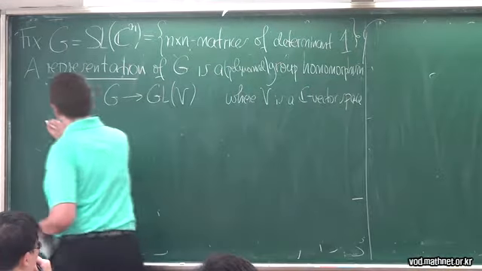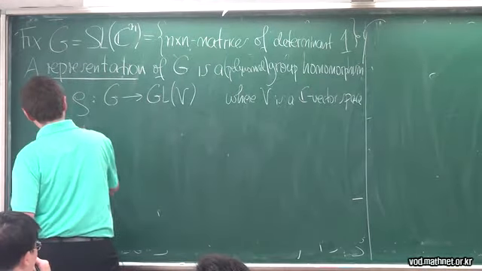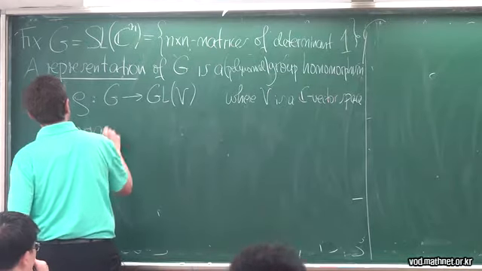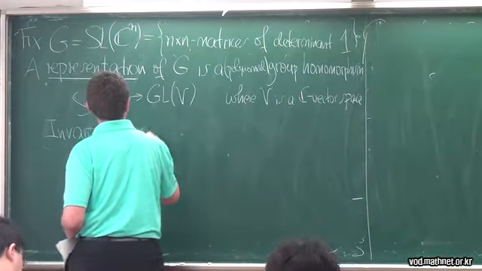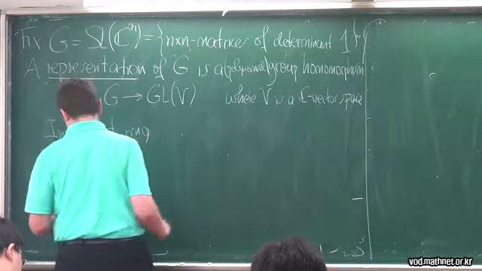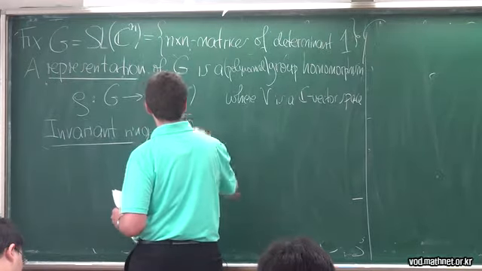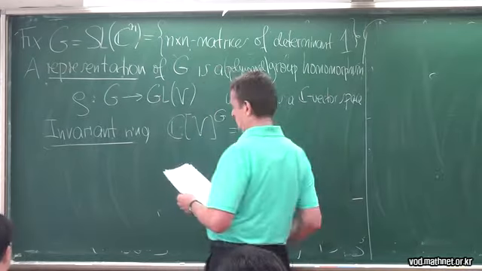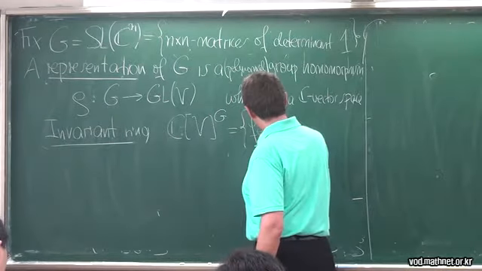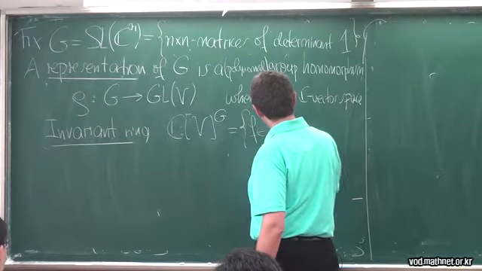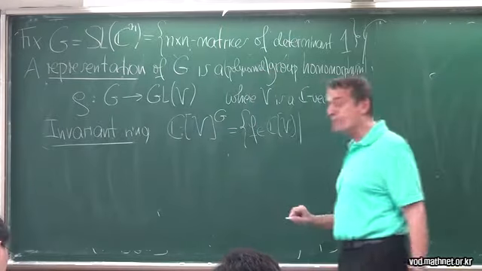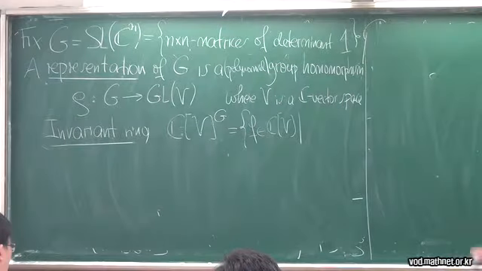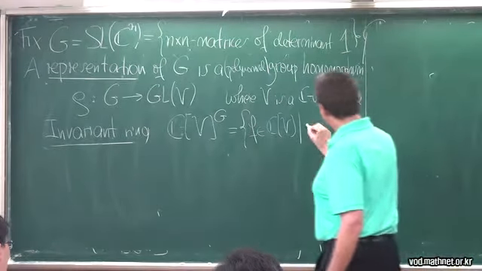Now again, we have an invariant ring. The invariant ring is the polynomial functions in m variables, the polynomial functions on V, that are invariant.